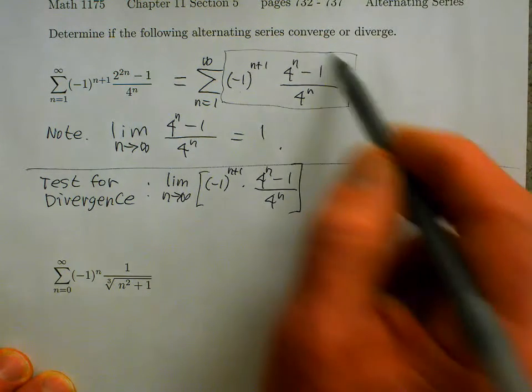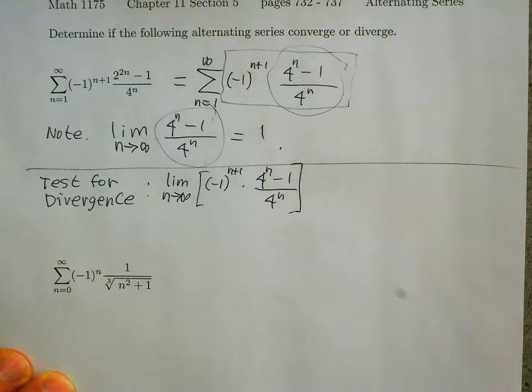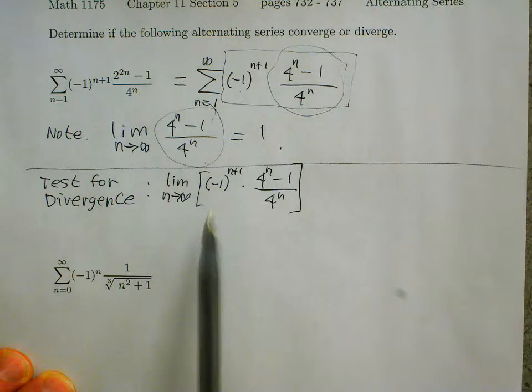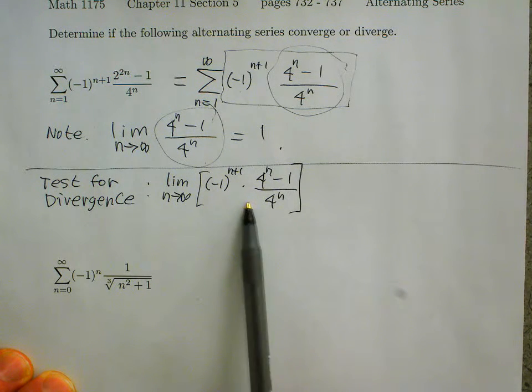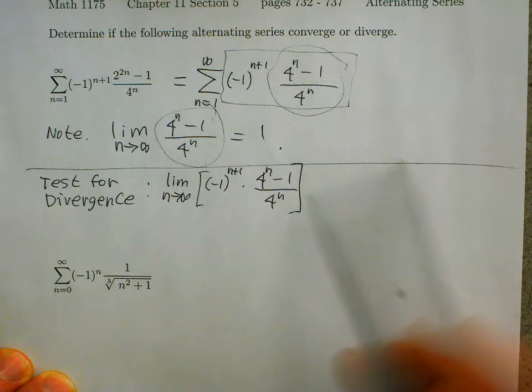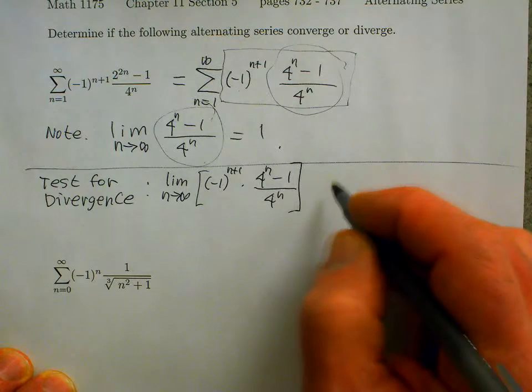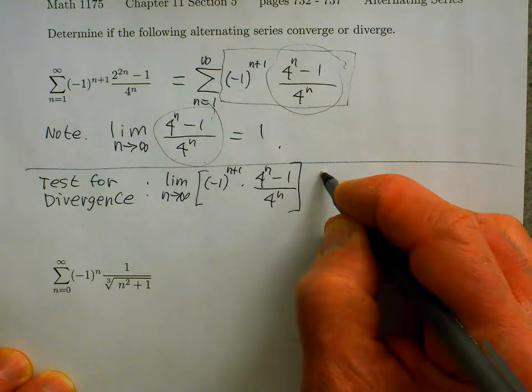Up here we saw that without the negative 1 to the n plus 1, this term approaches 1. So this limit doesn't exist because half of the terms are approaching positive 1, the other half are approaching negative 1.